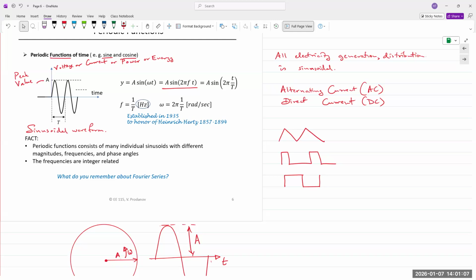Mobile communication, satellite communication, and your wireless routers all go in the gigahertz range. Those are high frequency. 60 hertz is considered very low, even though it seems very high compared to everything else.